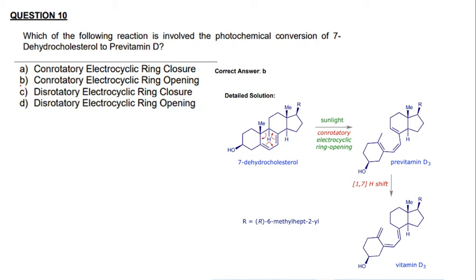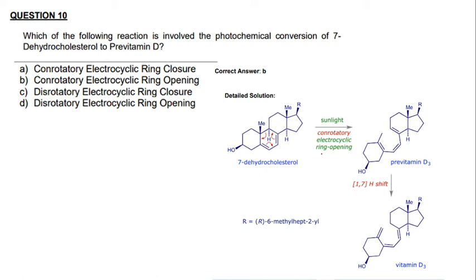In the presence of sunlight, if you have read pericyclic reactions, this conrotatory electrocyclic ring opening will happen, and in the first step it will be ring opening.